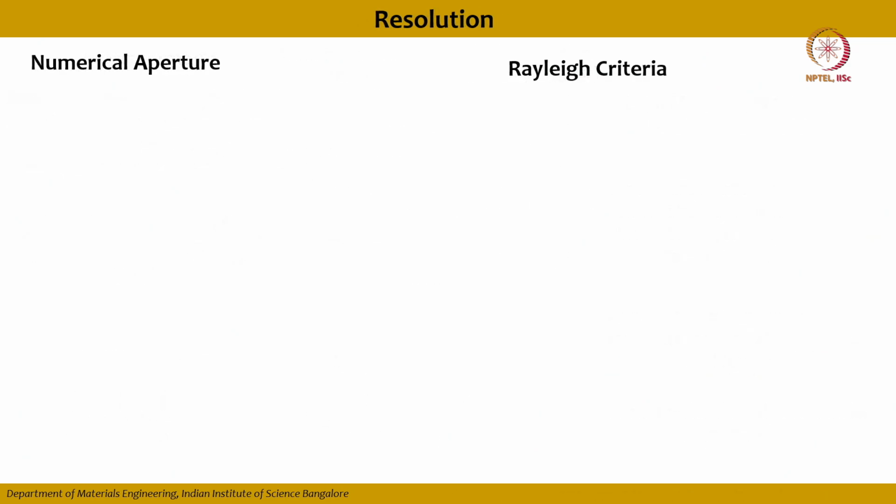Okay, so what is resolution? To understand the resolution, first you need to understand the numerical aperture. So what is numerical aperture? In any optical lens system, if you have a lens, it has a certain numerical aperture. What is numerical aperture?